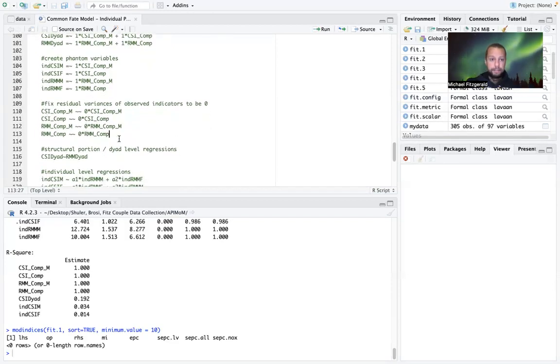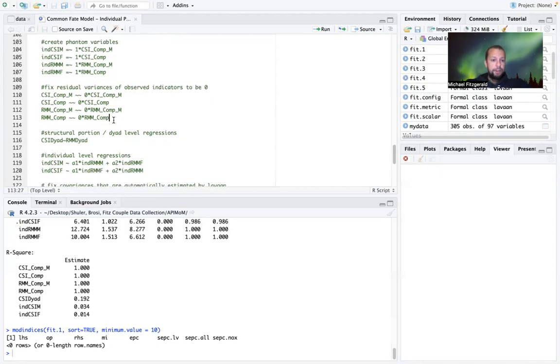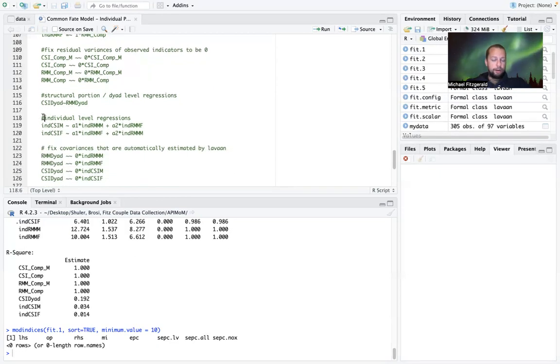I just copy and pasted the full first model, and I just added in a couple of parameter labels. And you will see that right here. We have individual couple satisfaction for males being predicted by individual relationship mindfulness for males and females, and the same thing for females.